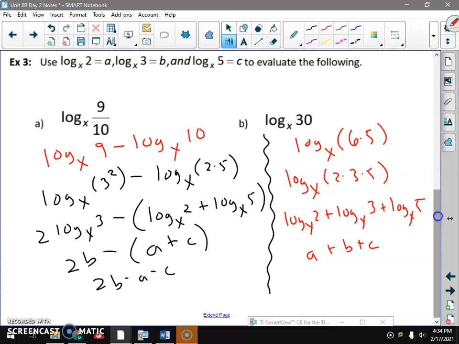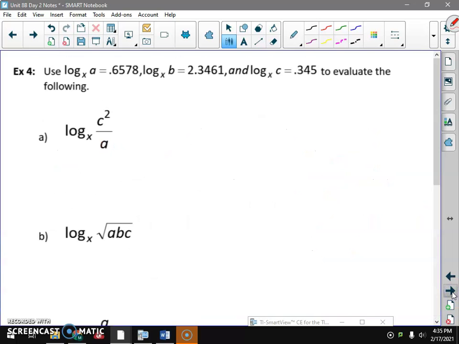All right, again, properties that are going to come in handy. Let's not do them with arbitrary letters. Rather, let's do them with some numbers. If log base x of A is that first decimal, log base x of B is the second decimal, and log base x of C is the third decimal, evaluate this. Let's pull them apart.